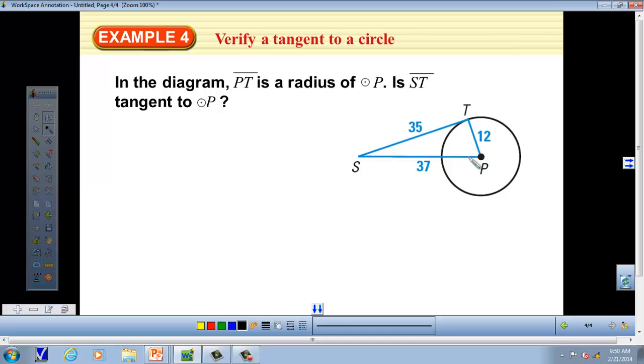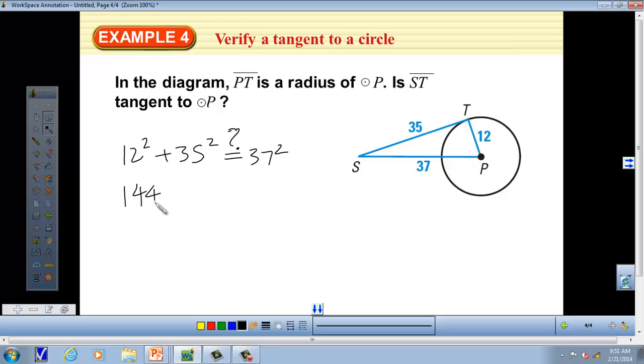And the way we can prove this is a right triangle is by using a squared plus b squared equals c squared. If you notice, ST is 35, TP is 12, and SP is 37. So really what we're asking is 12 squared plus 35 squared, is that equal to, so we put a question mark here, 37 squared.